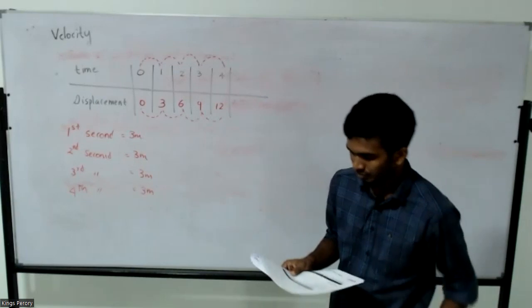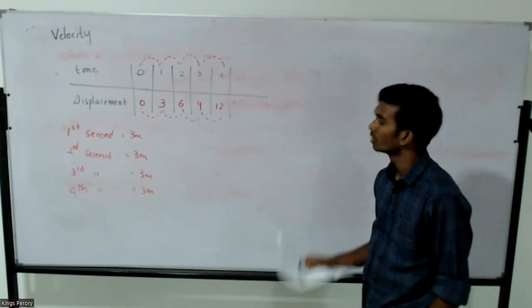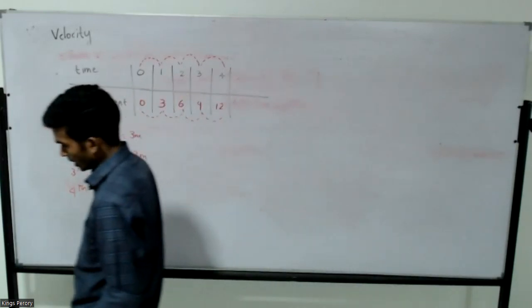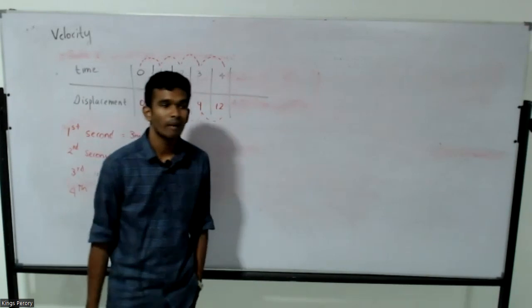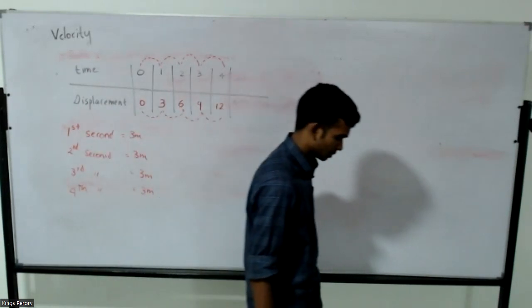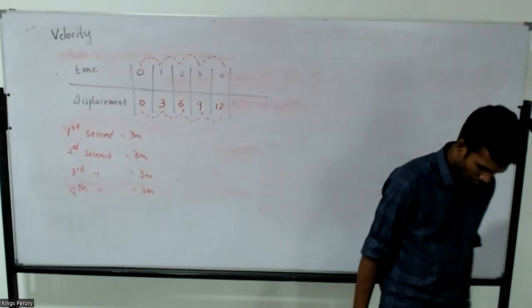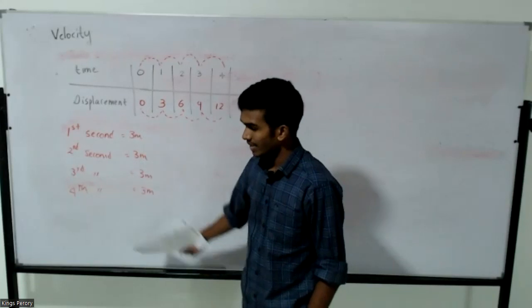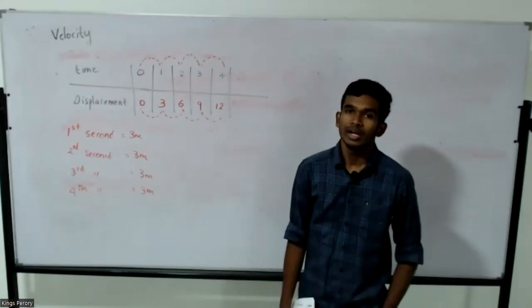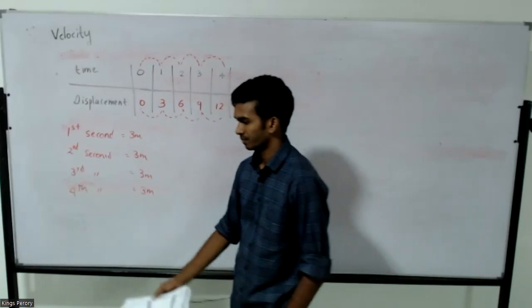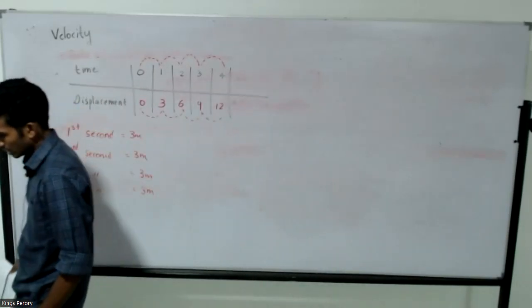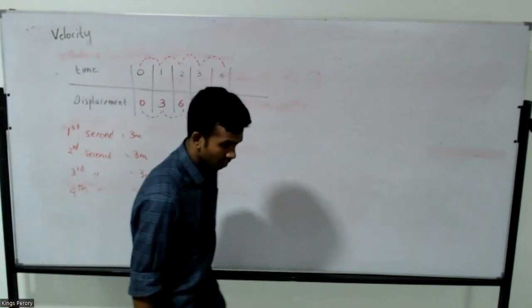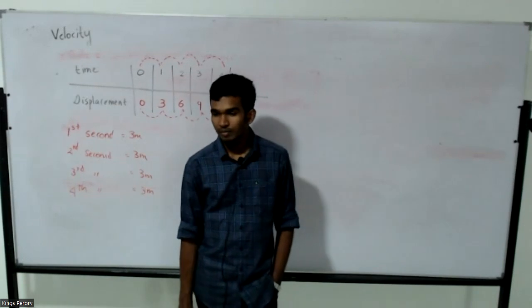Under that, write down: if the displacement traversed in every 1 second is same, we call that motion as what?